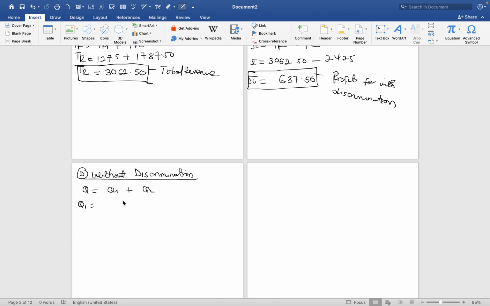In the question, Q1 was 32 minus 0.2 P1. This was the domestic market. They also gave us Q2 to be 60 minus 0.5 P2. This was the foreign market.